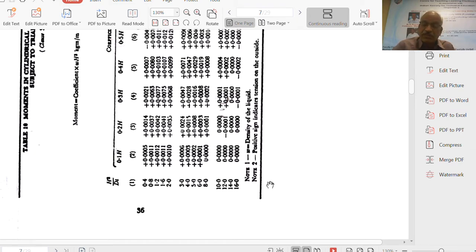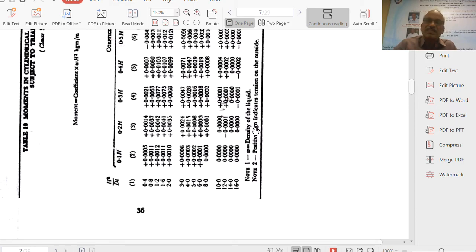Before going to the figure, at the bottom of the table we find that W is the density of the liquid. And Note 2: a positive sign indicates tension on the outside. This matters because we have to decide where to provide the reinforcement, outside or inside.